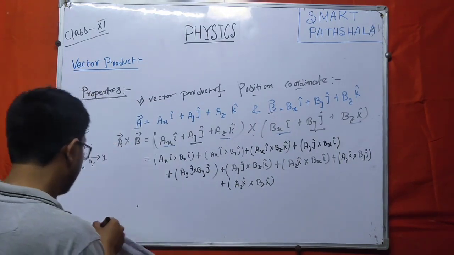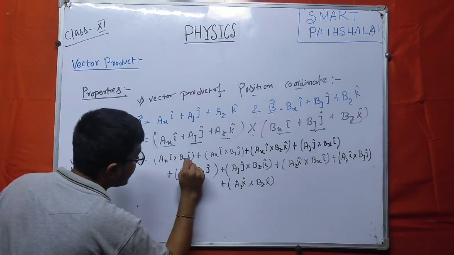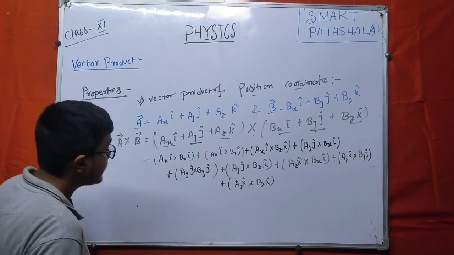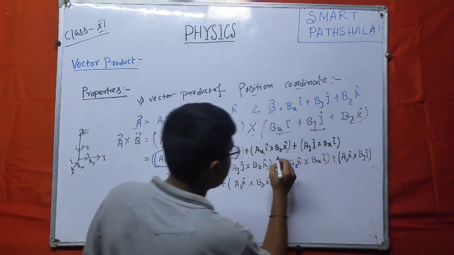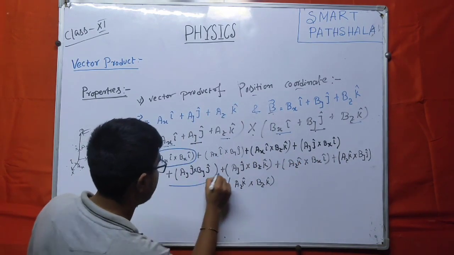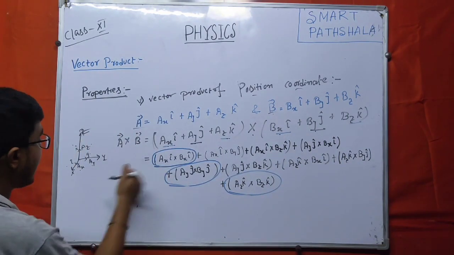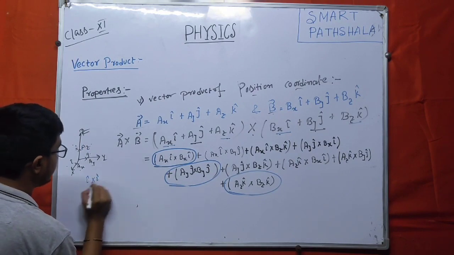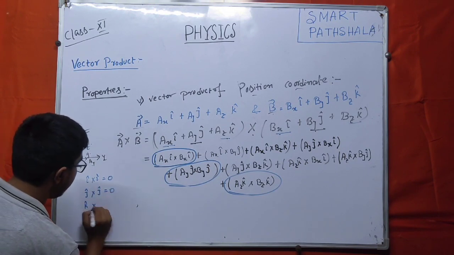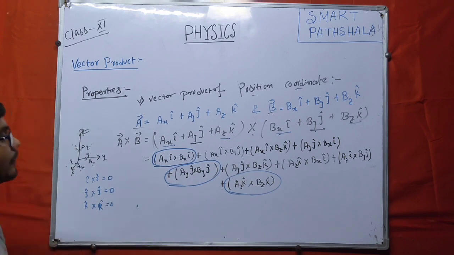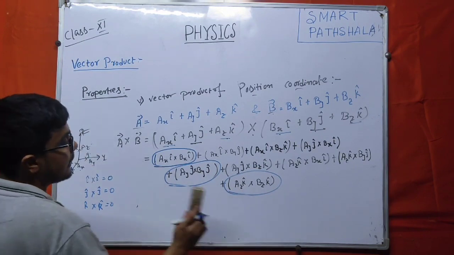Now carefully look: in this part, both unit vectors are I; in this part it's J, and in this part it's K. I cross I equals 0, J cross J equals 0, K cross K equals 0.